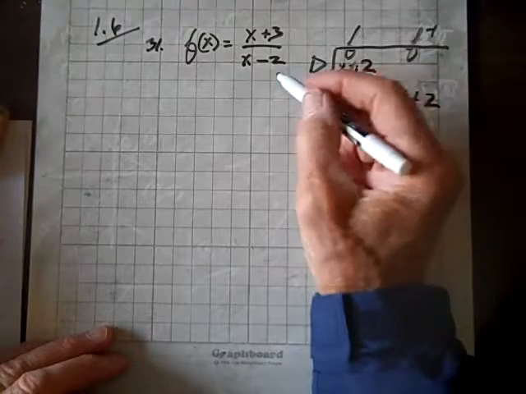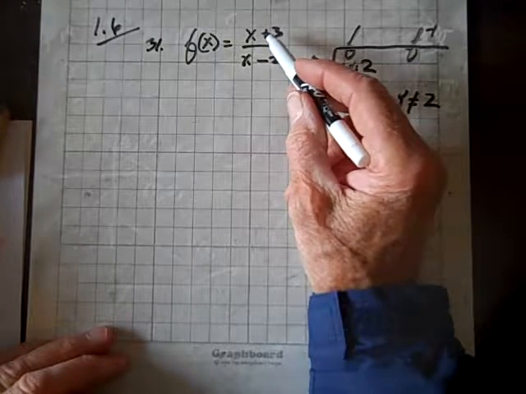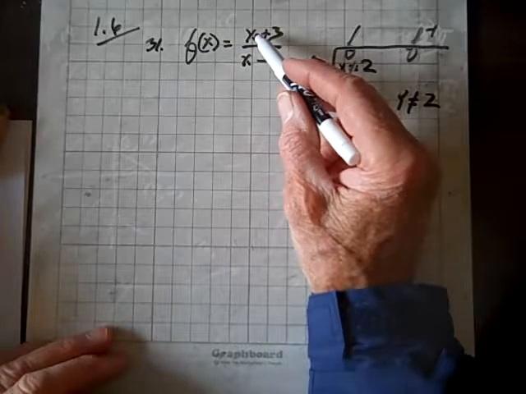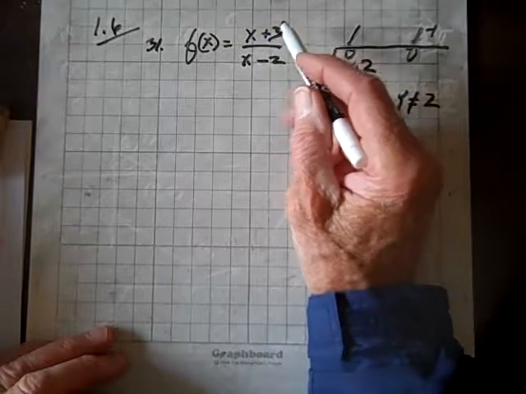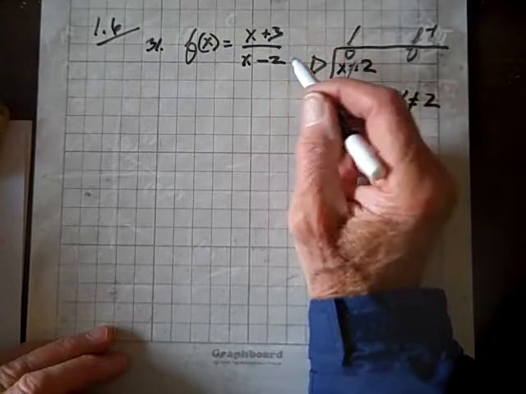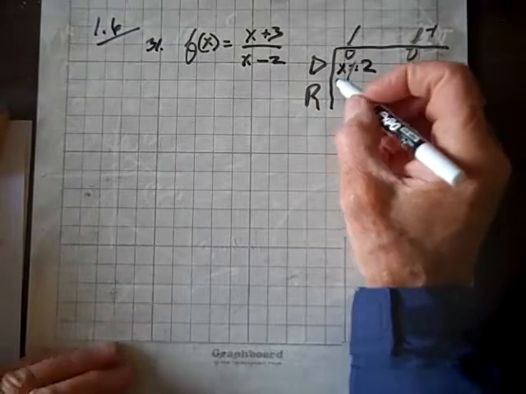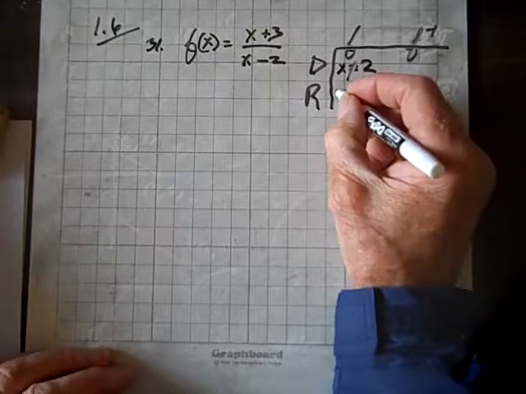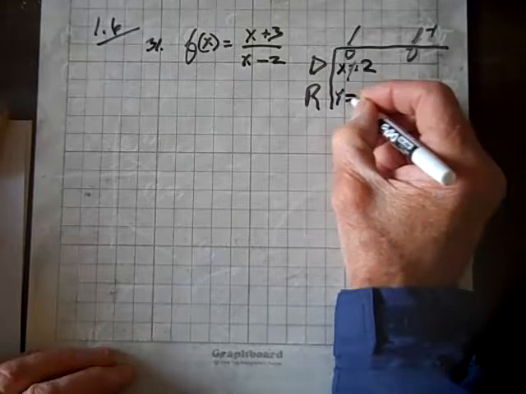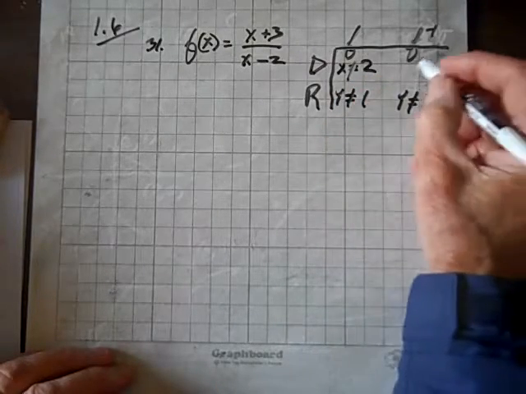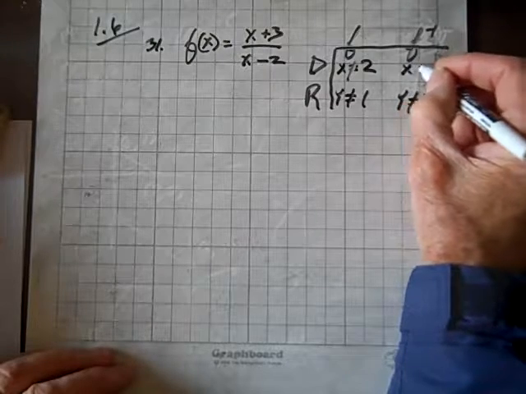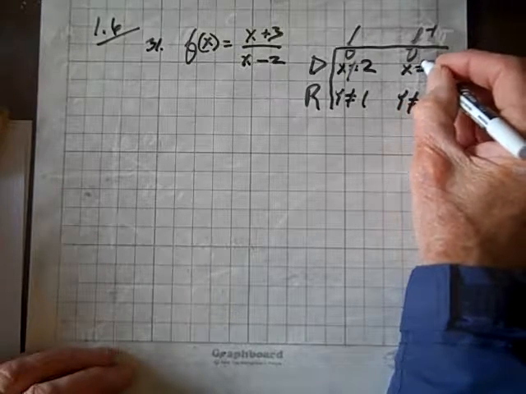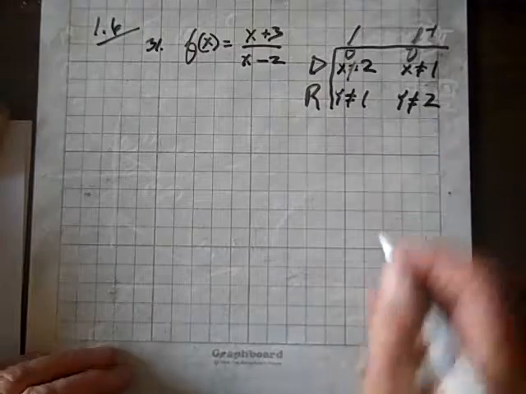And the range, well, let's see, the horizontal asymptote is going to be the quotient of x over x, which is 1, and these additional constants are insignificant. So that's going to be the horizontal asymptote, so the range is y is not equal to 1. So the domain of the inverse function is all reals but 1.